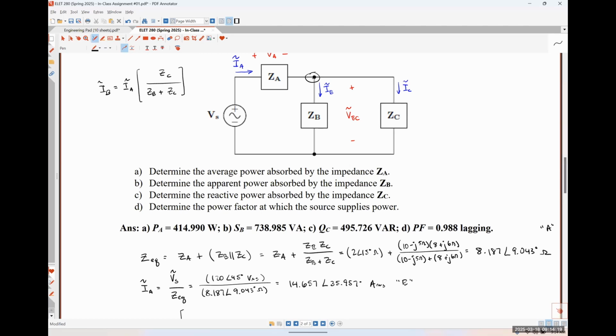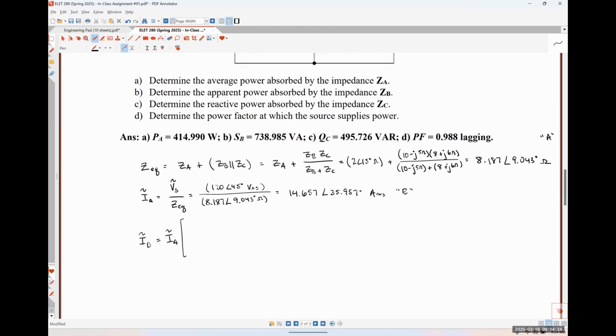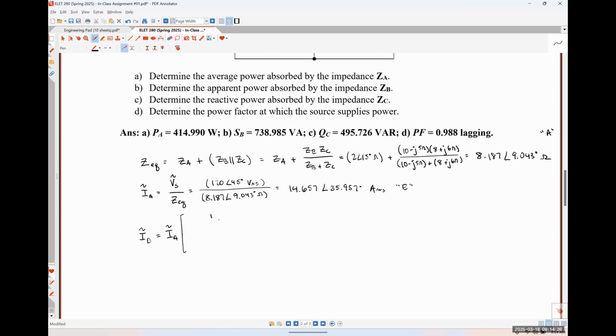If we want the current flowing through impedance ZB, then we would have 1 over ZB in our numerator, and then we would have 1 over ZB plus 1 over ZC in our denominator.